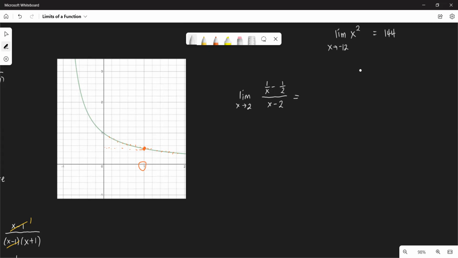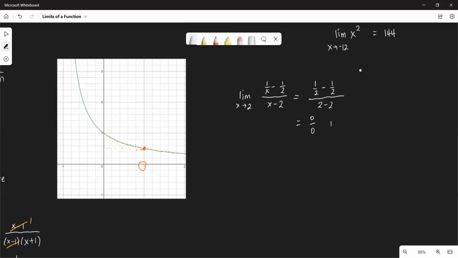Okay, so we have 1 over x. So get the limit of 1 over x as x approaches 2. So we have 2, and then minus 1 half, divided by 2 minus 2. So we get 0 over 0, or it's indeterminate.